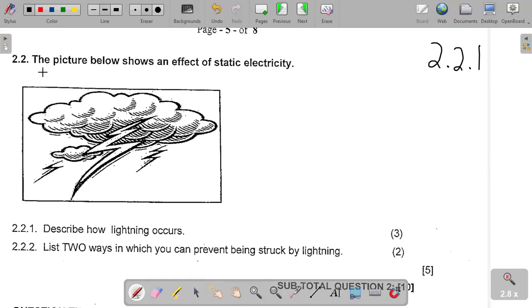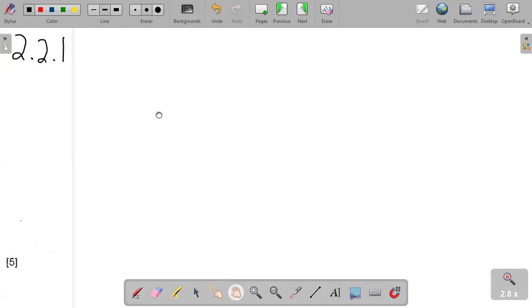Now, 2.2. They say the picture below shows an effect of static electricity. So they show us a cloud here and it looks like lightning. Now they say describe how lightning occurs. So we can try to explain here.